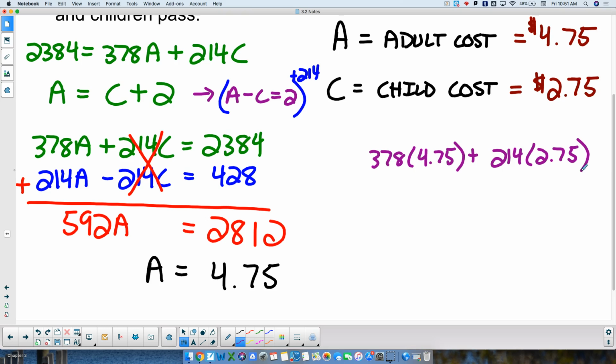For the kids, it's 588.5. Adults, 378 times 4.75, bless you, 1,795.5. Okay, so if I add those two together, 2384, isn't it? Yep, 2384.